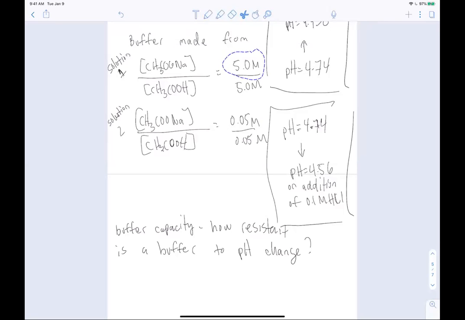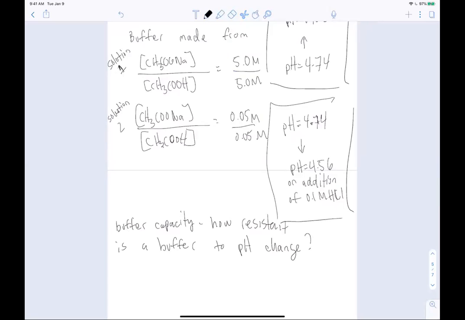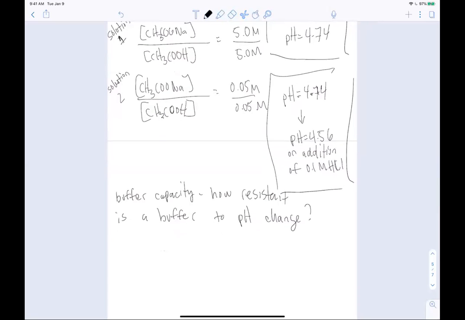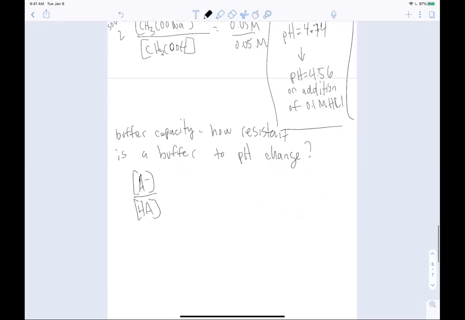I guess a way to look at it is, if we consider a buffer as being an acid-base conjugate pair, the buffer will resist changes in pH, because if I add acid, A minus is consumed.